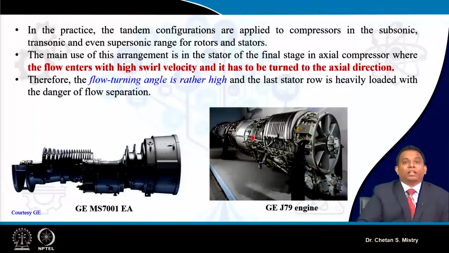Mainly at the end of the HP compressor, at the entry of your combustion chamber, your flow will have high swirl, and you need to transfer your air to the combustion chamber in the axial direction. That's where the blade turning requirement by that stator is very high, and there are more chances for the flow to separate in that region.